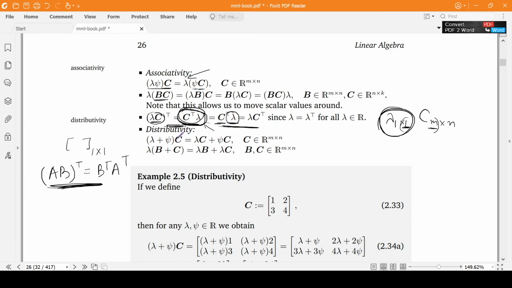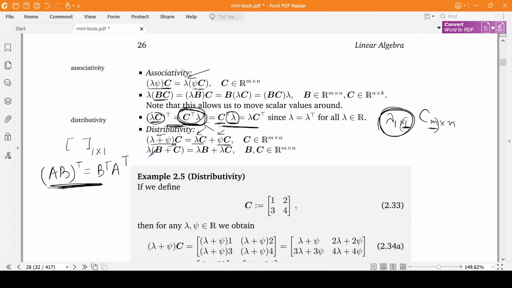Now distributivity is nothing but this: if I have two real numbers, lambda and psi, and I take their sum and then use that new scalar to multiply with C, this will be nothing but the individual scalar multiplications with the different scalar values, lambda and psi, added together. Just to repeat, the sum of scalars gets distributed as the sum of scalar multiplications by the individual real values.